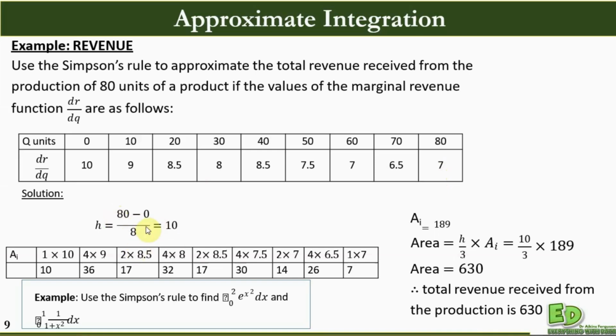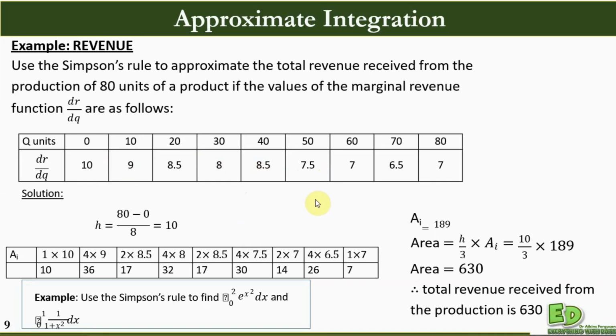Instead of 9. So we can't write 9 here. Remember the caveat that we had earlier. It must be even. It's a 9 because there are 9 points here, right? 1, 2, 3, 4, 5, 6, 7, 8, 9. There are 9 points here, but the intervals are 8, right?